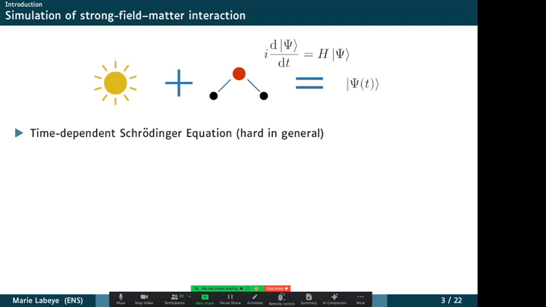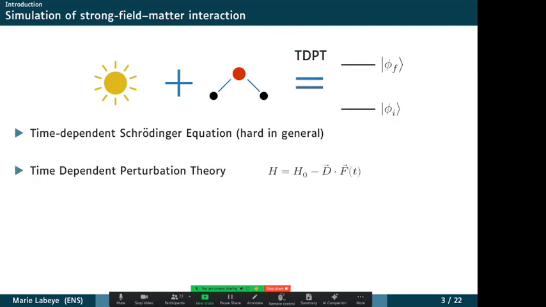However, of course, this can be arbitrarily hard to solve in general, so it really depends on the system we're looking at. The usual method that people use to understand what's going on in the interaction between light and matter is, of course, time-dependent perturbation theory. As long as the field is classical, which is what I've been using today, the Hamiltonian can be decomposed into two terms, and if the field is weak enough, it can be seen as a perturbation.